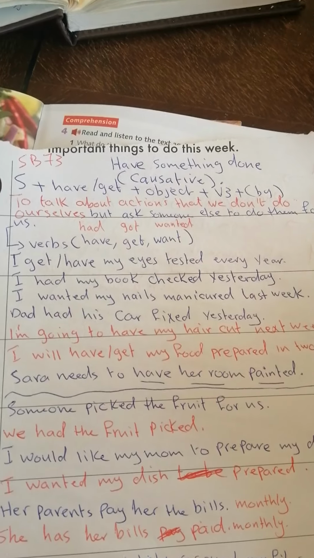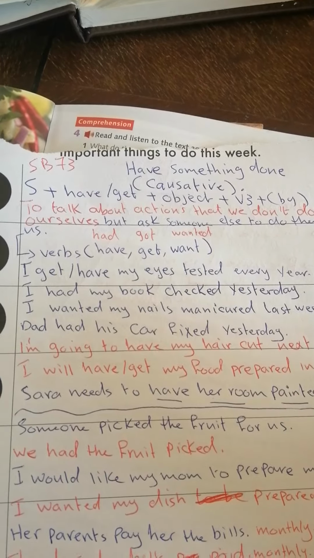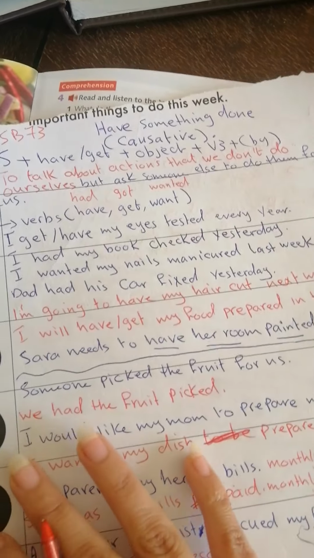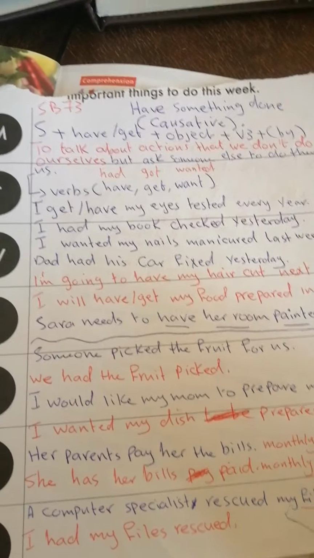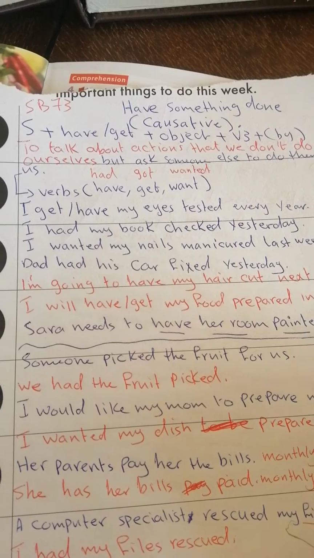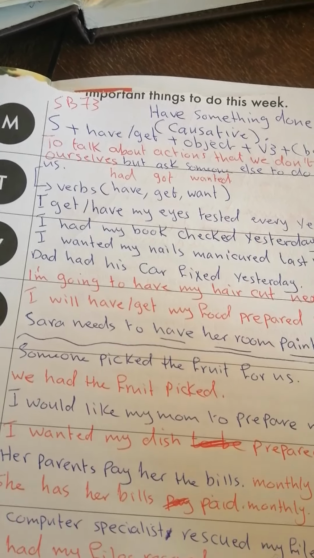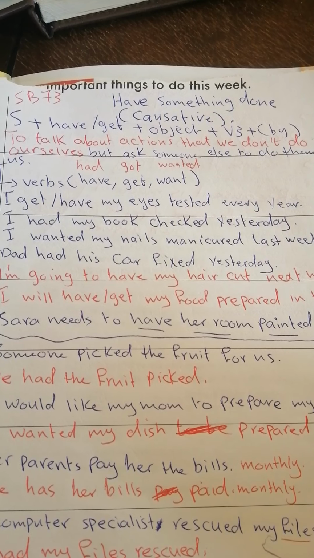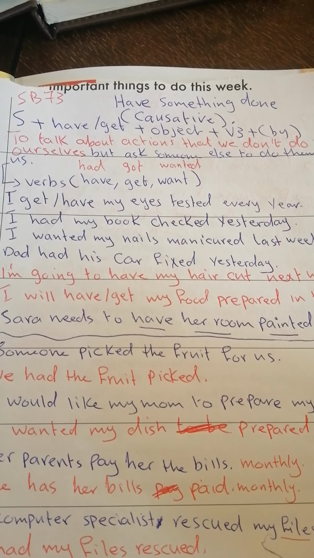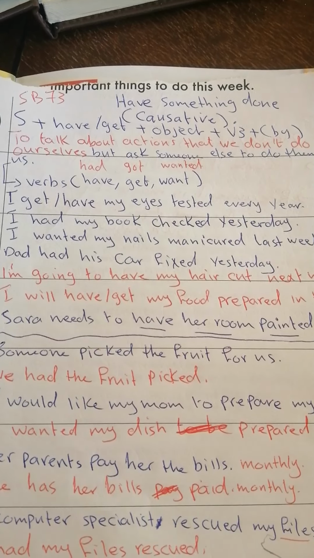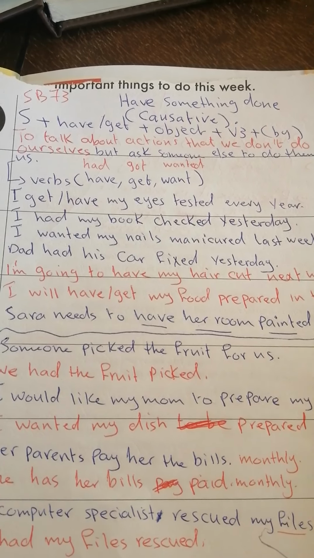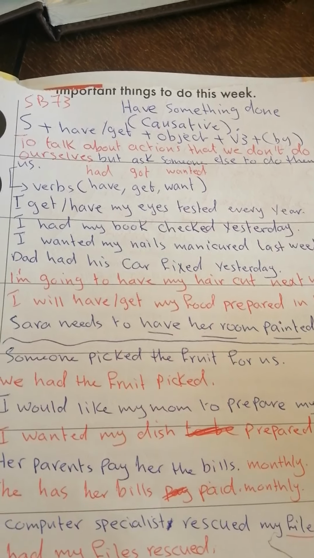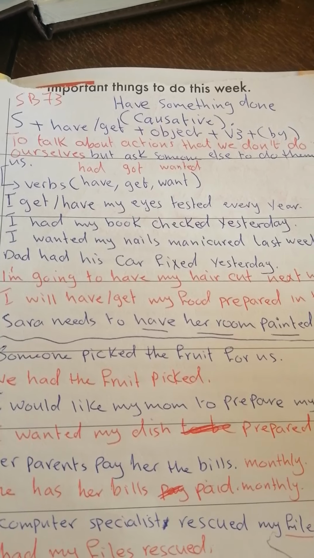When we talk about your hair, do you cut your hair by yourself or you get it cut by someone else? We also have your bedroom. Do you paint it by yourself or you ask someone else to paint the rooms for you?